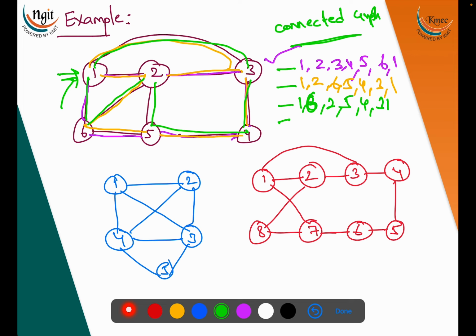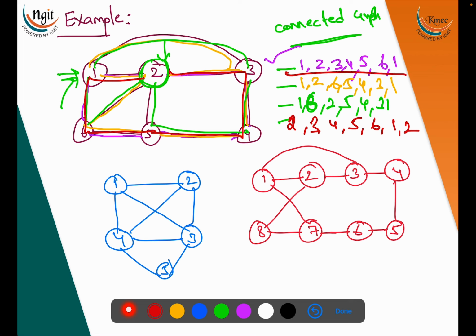Now we'll see the other also. From 2 I am starting: 2, 3, 3 to 4, 4 to 5, 5 to 6, 6 to 1, 1 to 2. If I write this one, you can see it is the first path we considered.